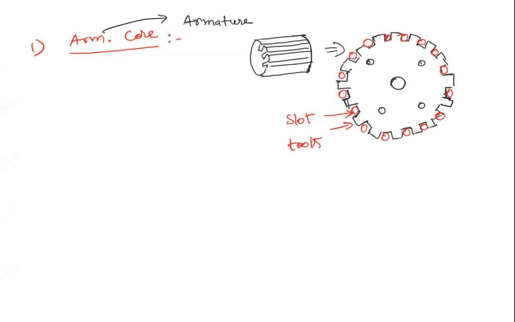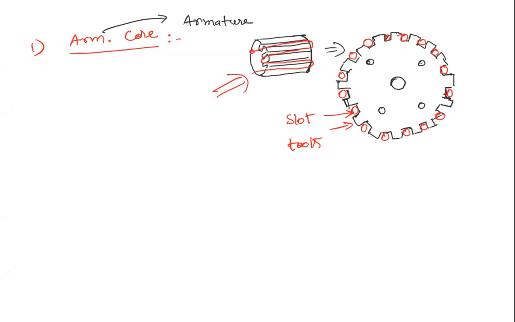So hundreds of such sheets are screwed together to form a cylinder like this. Inside of this you can keep a conductor like this, a winding like this. A winding runs through the slots.